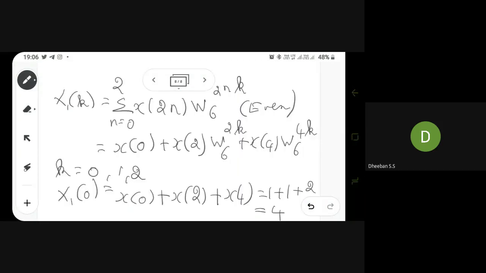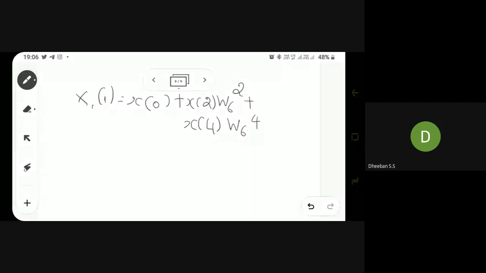Okay, so next moving on, x1 of 1, which will be equal to x of 0 plus x of 2 w6 of 2 plus x of 4 w6 of 4. Okay, and now we have to apply each and every value, that is w6 of 2, w6 of 4, for the k value 2.